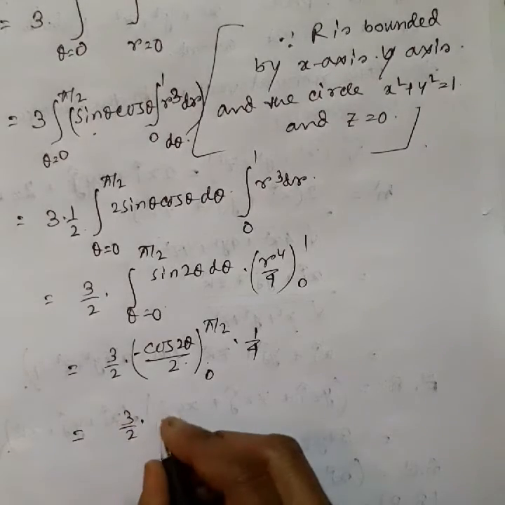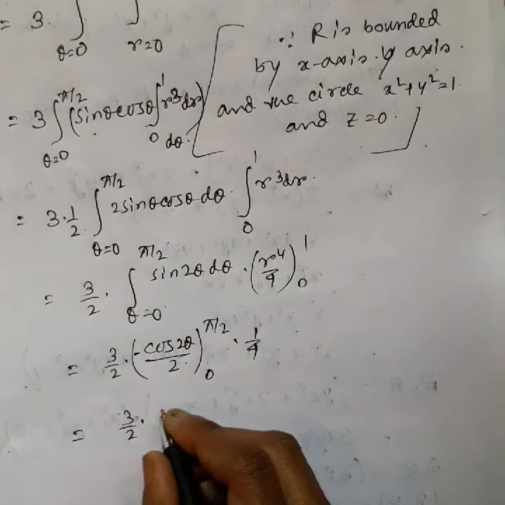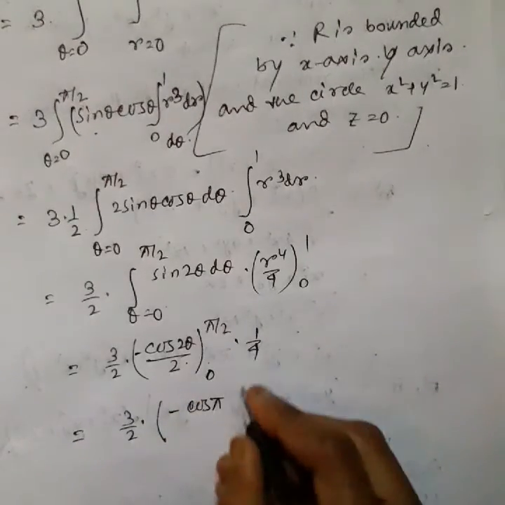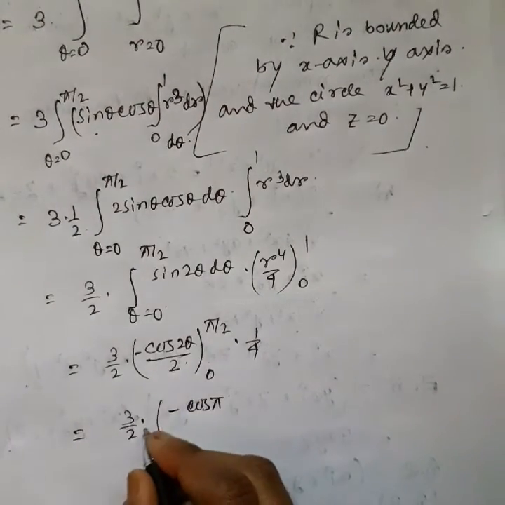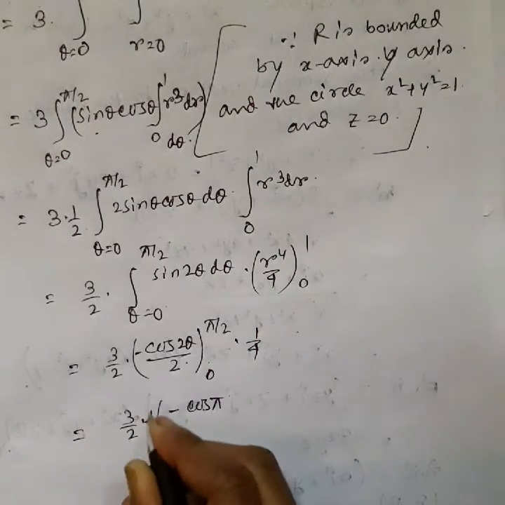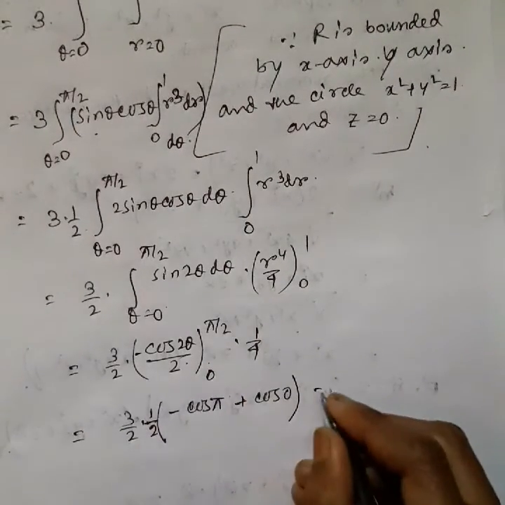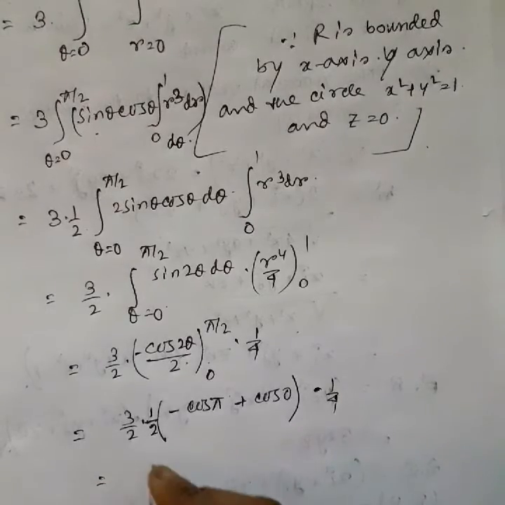So 3 by 2 into minus cos pi, 1 by half is here, and plus cos 0 into 1 by 4.